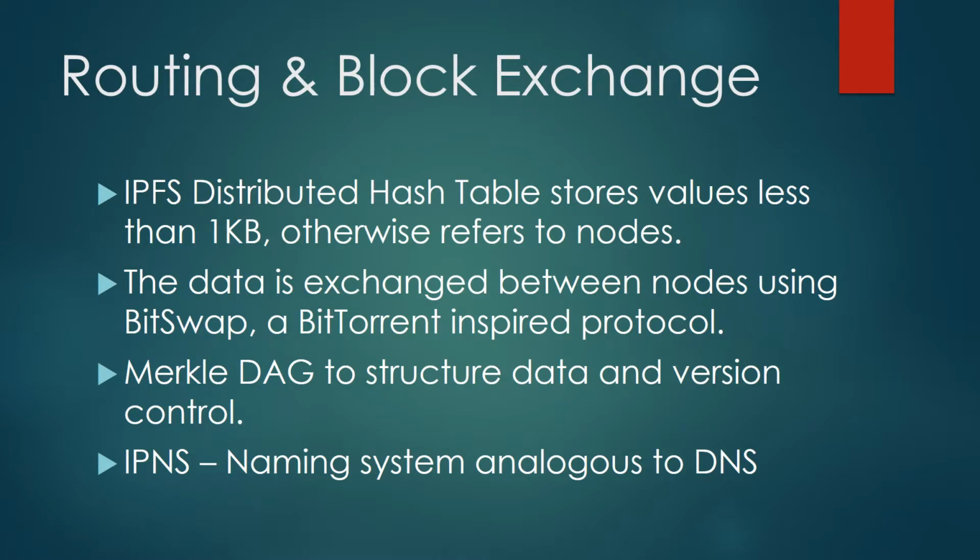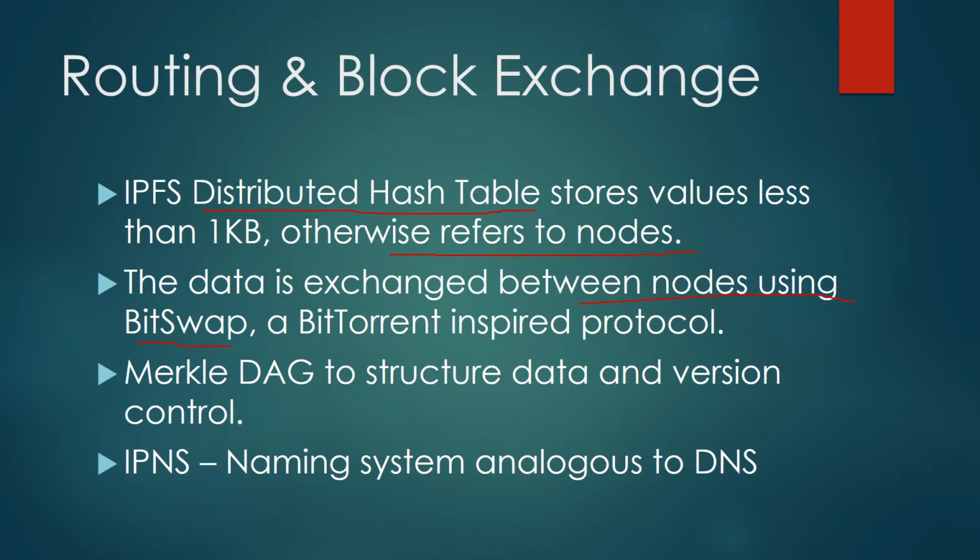As I mentioned before, the IPFS DHT, distributed hash table, can store values less than a kilobyte directly on the blockchain. Otherwise, you'll simply store a link that can point to nodes that have a copy of that data. The data is exchanged between the nodes using a protocol called BitSwap, which is very similar to BitTorrent.